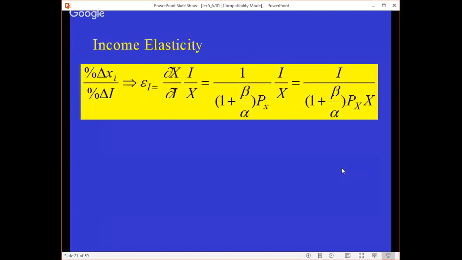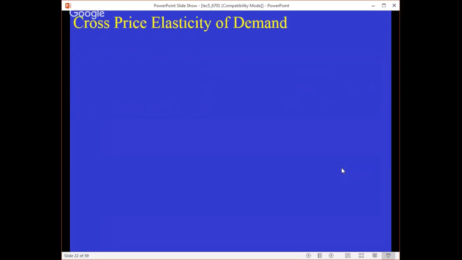What do we have left of the three elasticities we talked about of demand? Cross price elasticity. Okay. So this is actually kind of a trick question.